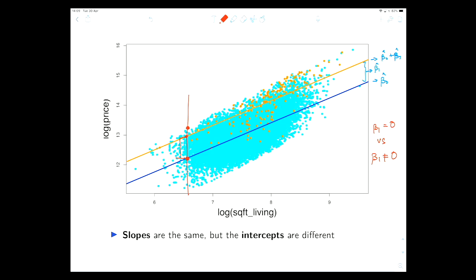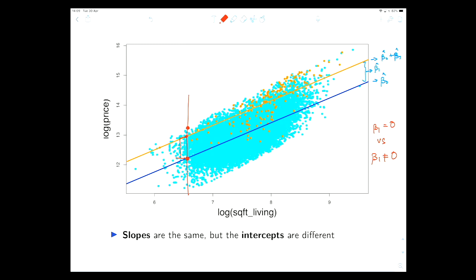The only effect that we are measuring is having a waterfront, which, in graphical terms, was equivalent to saying that the two lines are parallel to each other. Parallel meaning they have the same slopes, but they have different intercepts, meaning a different starting point, a different base point to begin at.